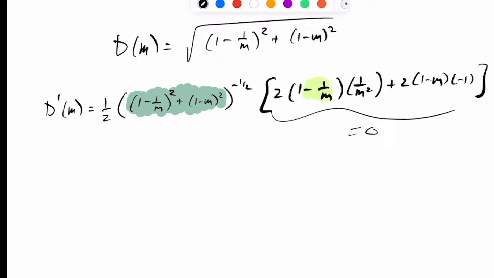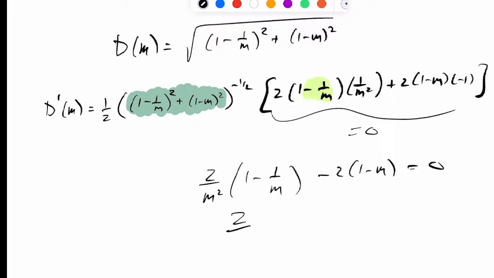So it's a little messy, but we can do it. So this will be 2 over m squared times 1 minus 1 over m, minus 2 times 1 minus m, is 0. So I'll distribute this. I get 2 over m squared minus 2 over m cubed, and minus 2 plus 2m equals 0.